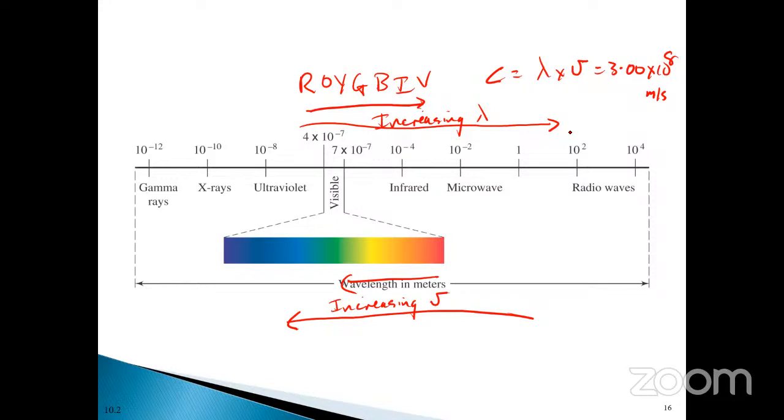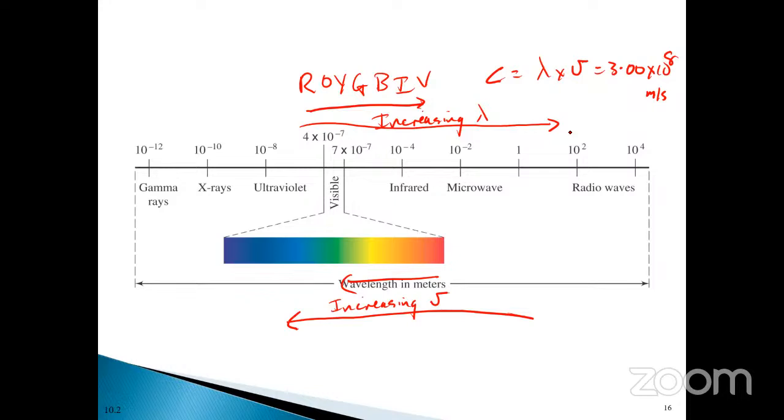Now, I'm not sure if we'll be able to complete all of this handout today, but we can at least get a start to it. So basically, the questions in this handout utilize that equation that I mentioned, the relationship between frequency, speed of light, and wavelength.